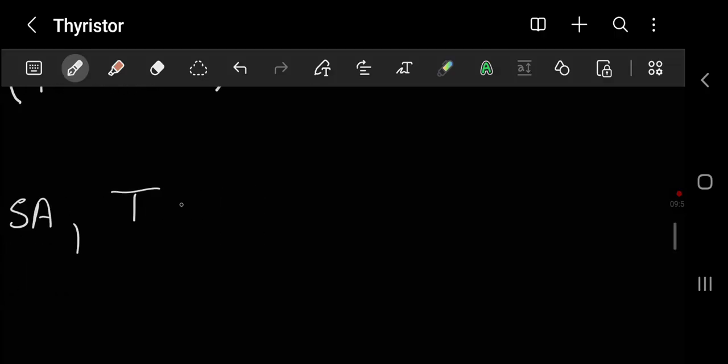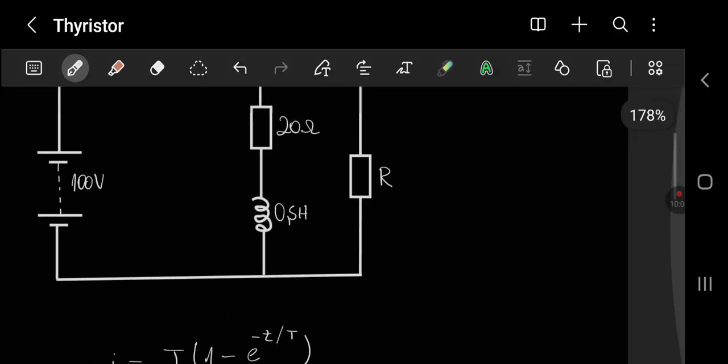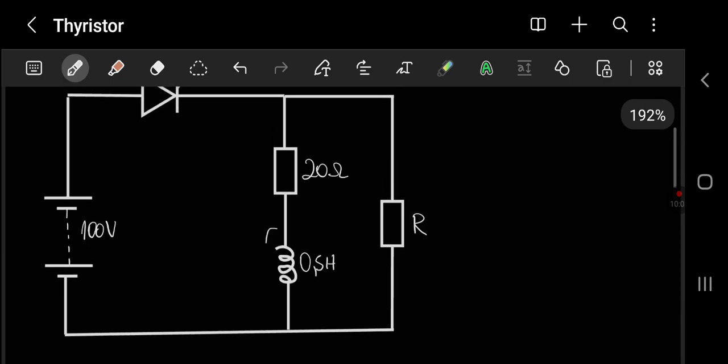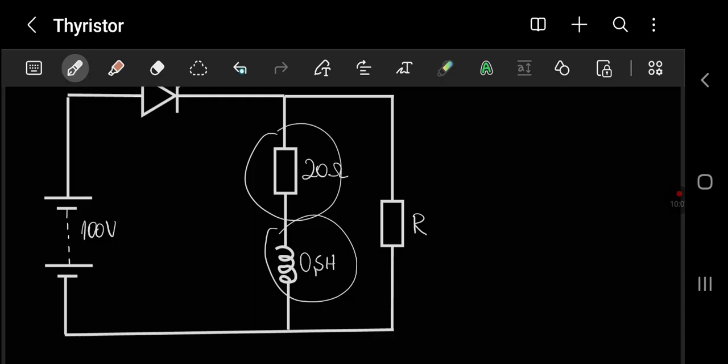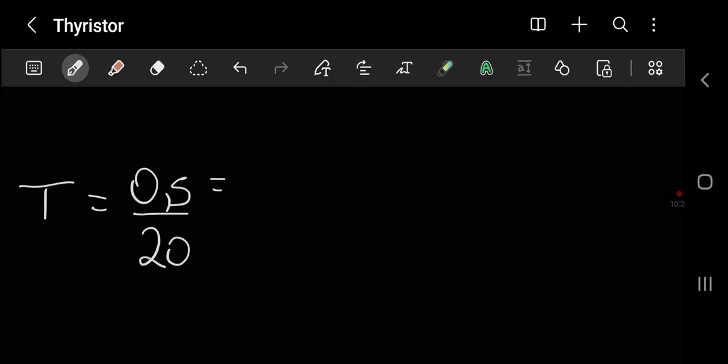The time constant tau is the value of the inductor divided by this value of resistor. So it's 0.5 over 20, which gives us a time constant of 0.025 seconds.